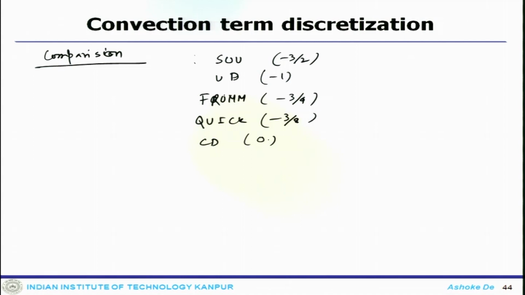So, the self corrective action is the sum of both convection and diffusion contribution.